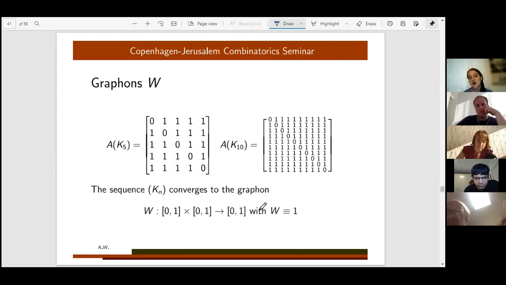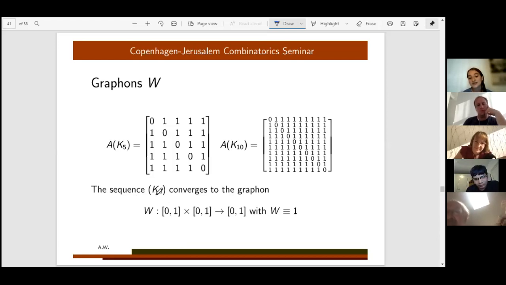So actually, how we can imagine the graphon, or how it's defined, is as a map from the 0, 1 by 0, 1 square to values between 0 and 1.